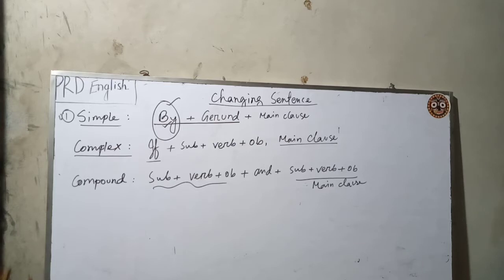If the main clause comes first, then the dependent clause will be last. Then how do we change it into compound? You can see here I have written subject plus verb plus object, then the joining word and, then subject plus verb plus object, or we can call it the main clause.